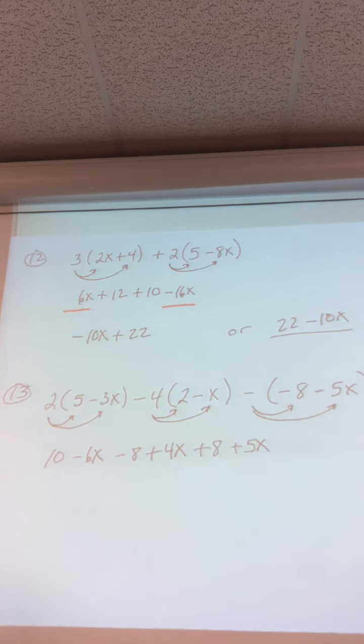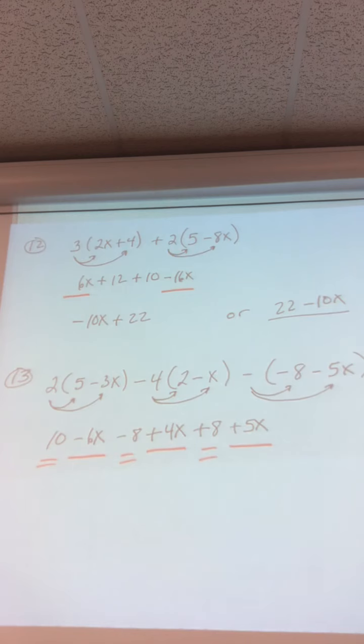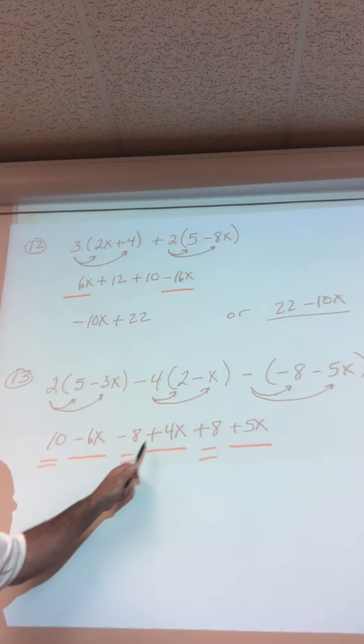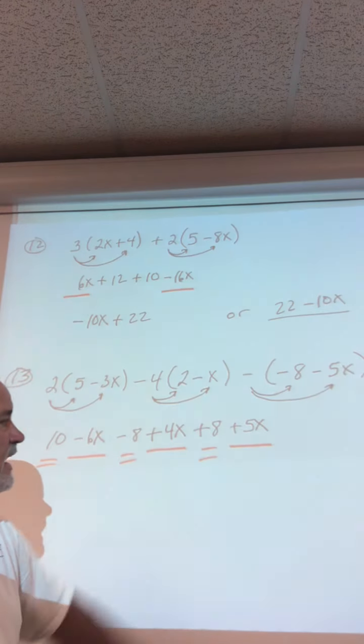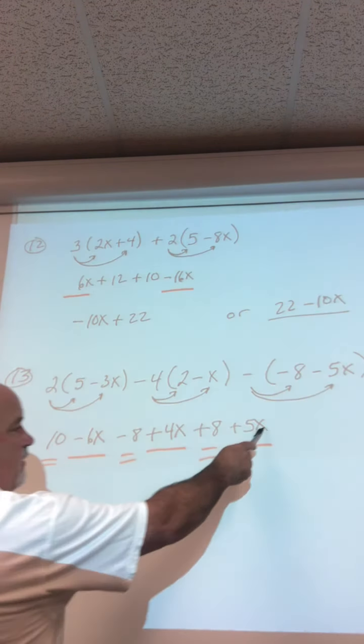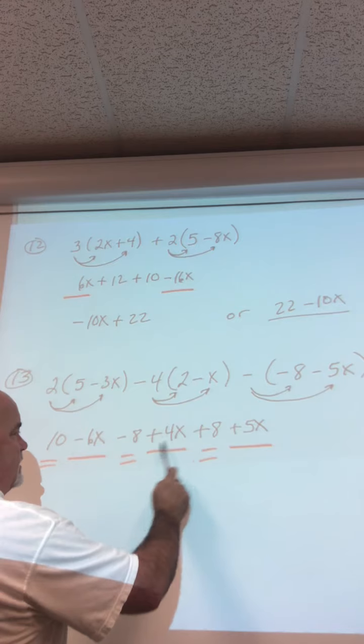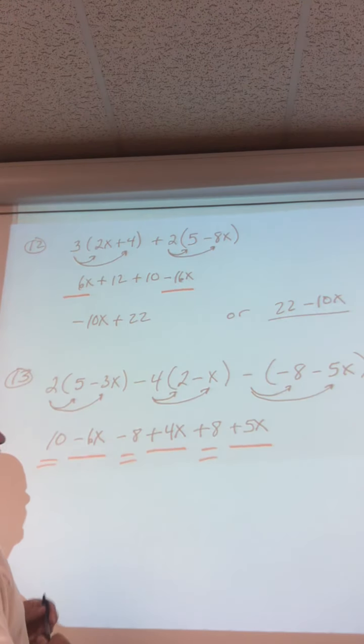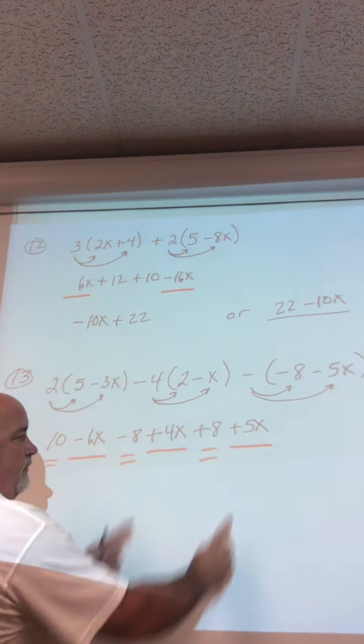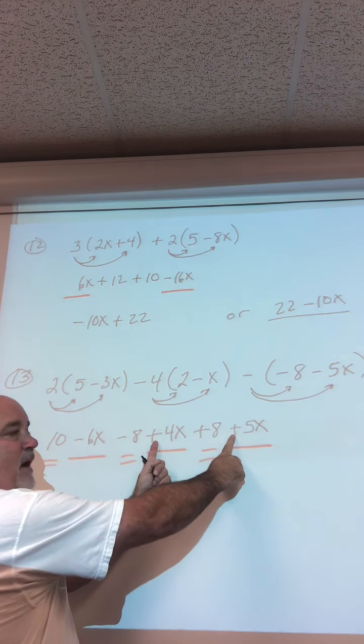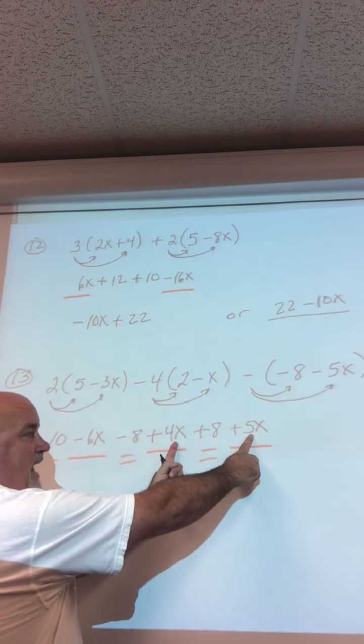Now collect my like terms. I'm going to underline all of the x terms. Notice again, I underlined the signs with it. Negative 6x, plus 4x, plus 5x. So 5x plus 4x minus 6x. Now you can do this in any order. If you want to do these two together, since they're both positive, this would be 9x.